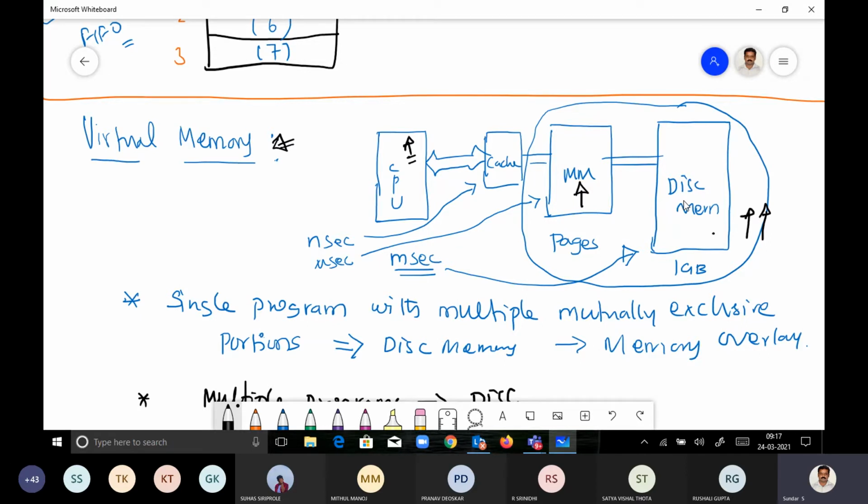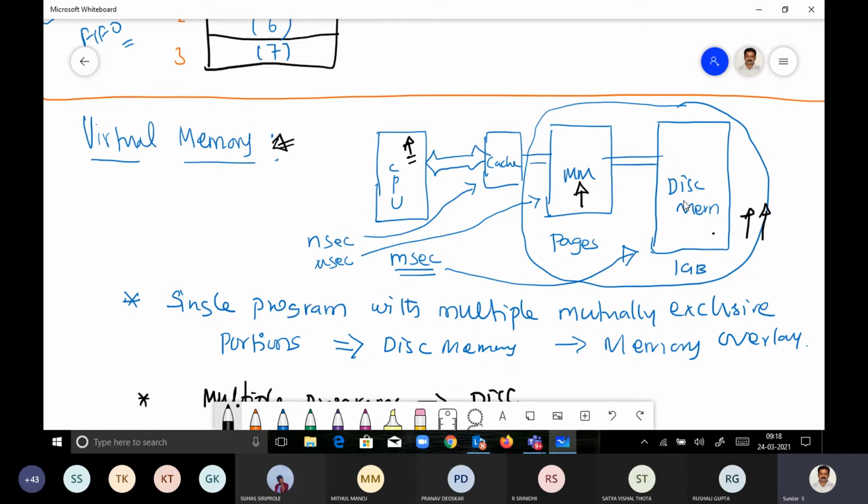So we want to increase the performance. So we have to increase the main memory. We have to increase the cache memory according to the new increased size of disk memory. Then only will we get the same performance.